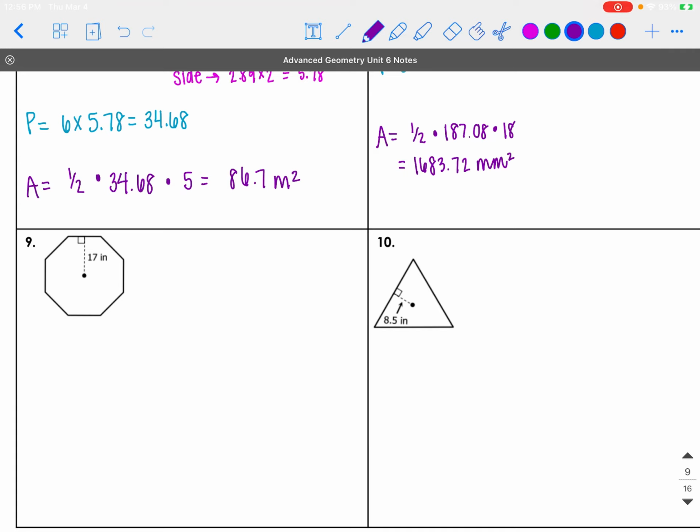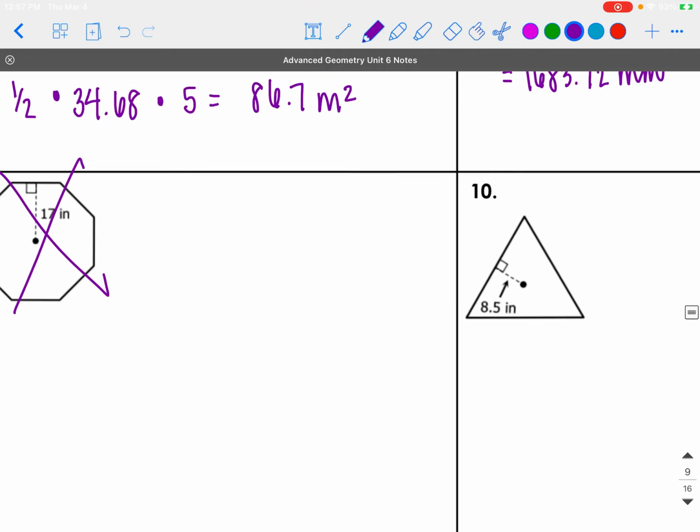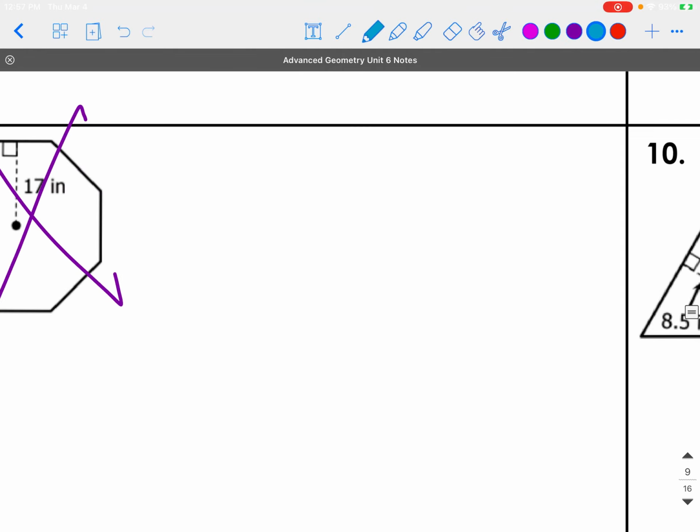No, I think you all got the same one. So, cross out that. I want you to draw a square. Where the radius is 8.